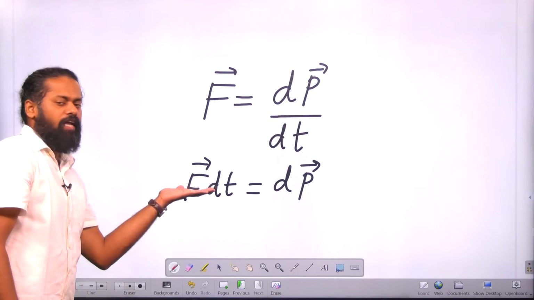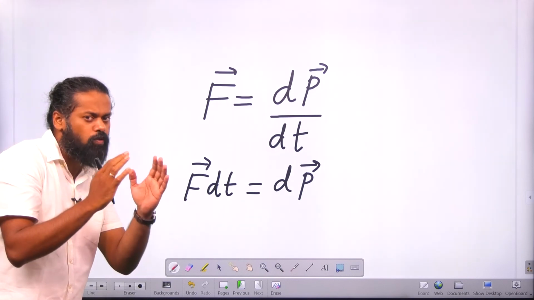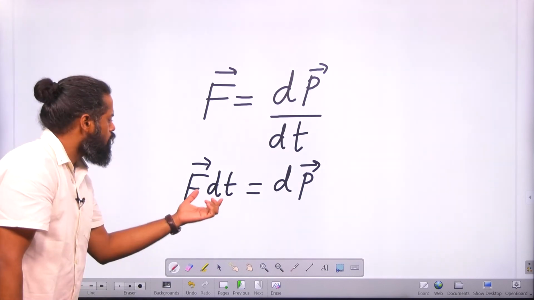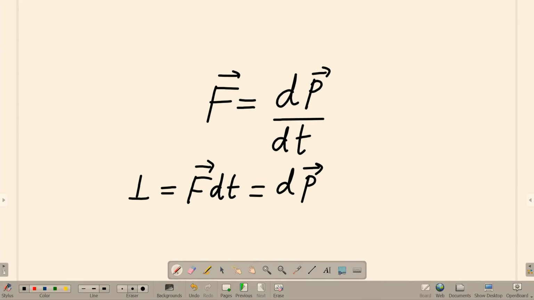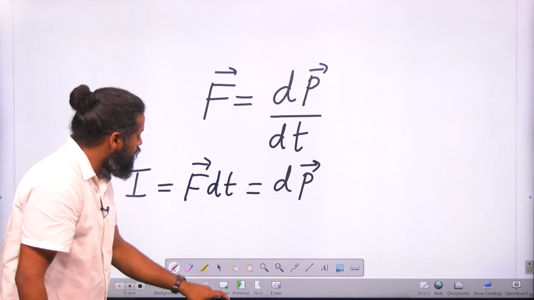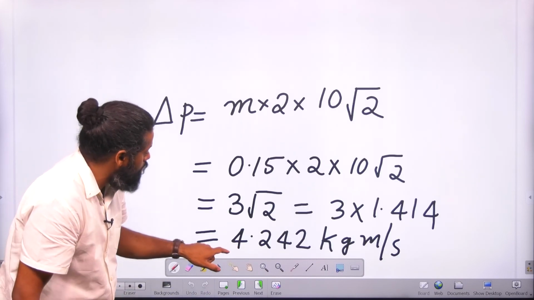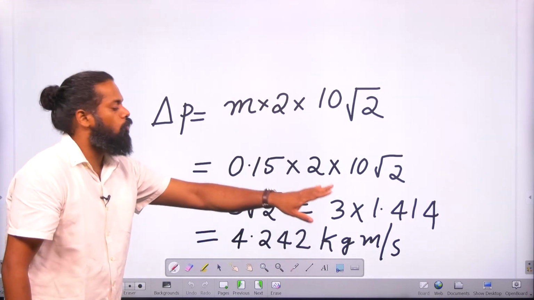F into dt is nothing but impulse, a very huge force acting for a short period of time. That is known as impulse, usually represented by the letter I in physics. So F into dt is exactly what we need in the problem, and we already found the change in momentum, 4.242. That is the correct answer.